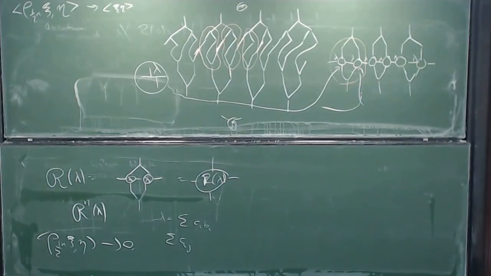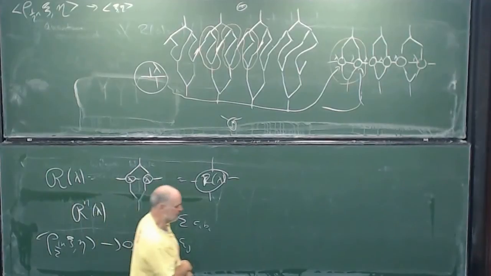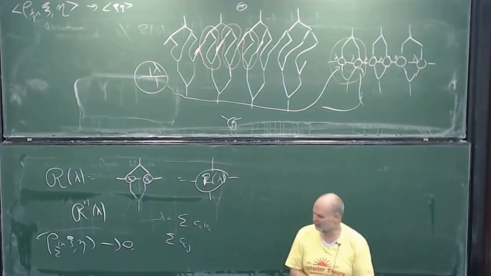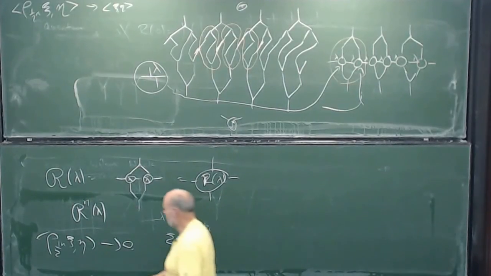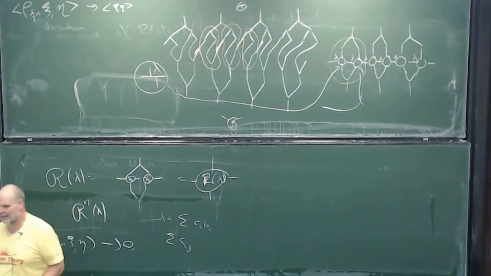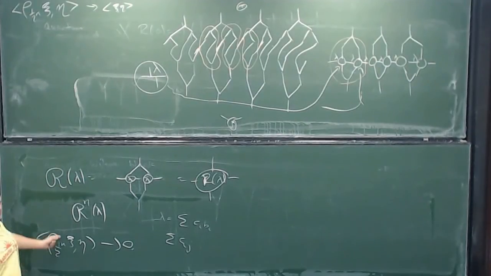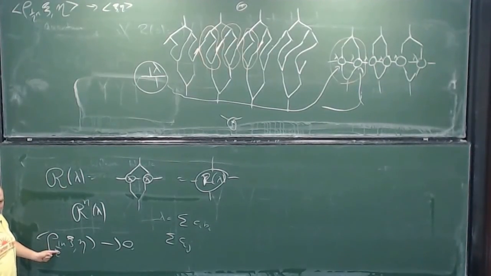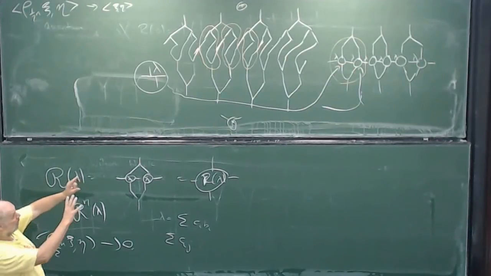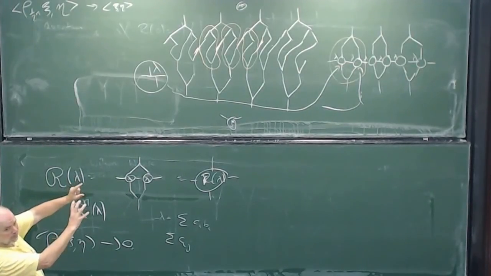I should perhaps say, maybe I shouldn't say this, but I can't help it. I've been puzzling recently. This is all very well to show rho of 1 over 2 to the n, psi, eta goes to 0. Does that mean that the limit of the rotation as the rotation tends to 0 is also 0? I'm not sure about that. I've made it go to 0 by taking this particular value 1 over 2 to the n, right? And the calculation worked because I only rotated by one little thing.